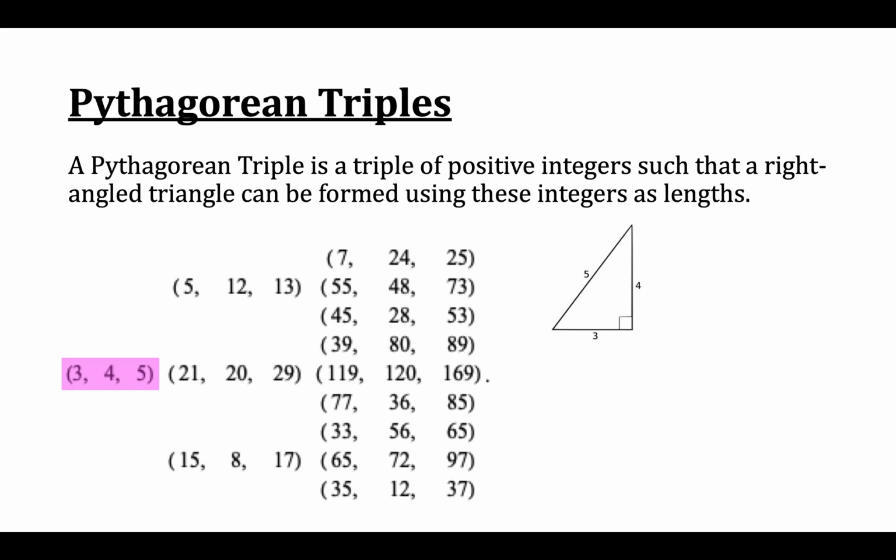And it would be good if you learned this, if you remembered that if we've got 3 and 4 for the shorter sides, well, the hypotenuse is going to be 5. Or if you know the hypotenuse is 5 and one of the other sides is 3, then the other length will be 4, etc. Now another common one that we see a lot of is 5, 12 and 13.